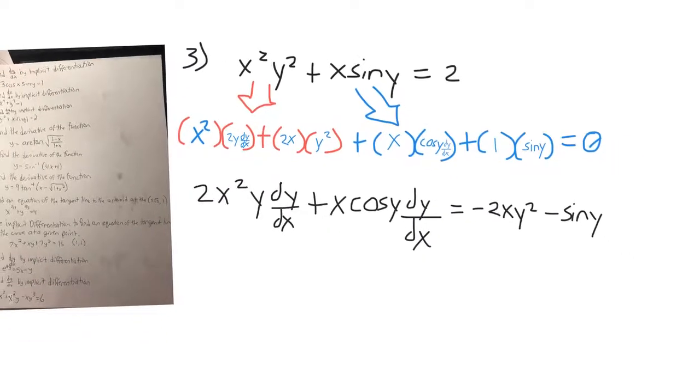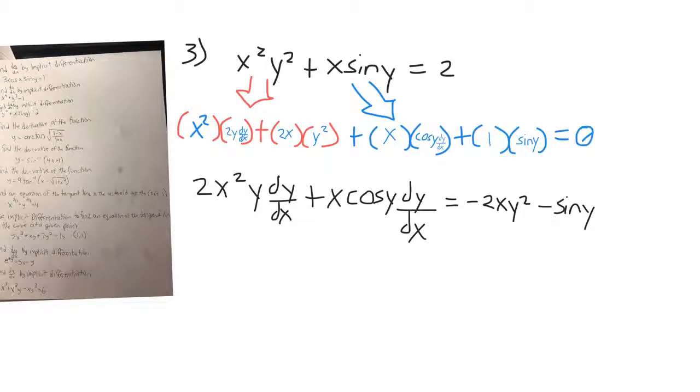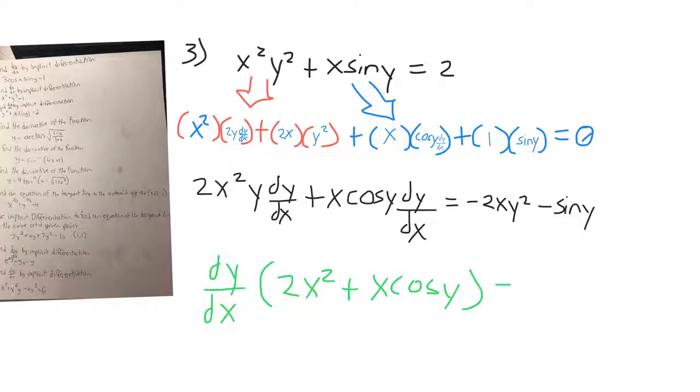And then at that point, it's time to factor out the dy over dx. When I do so, I end up with 2x squared plus x times cosine y, and that equals negative 2xy squared minus sine y.